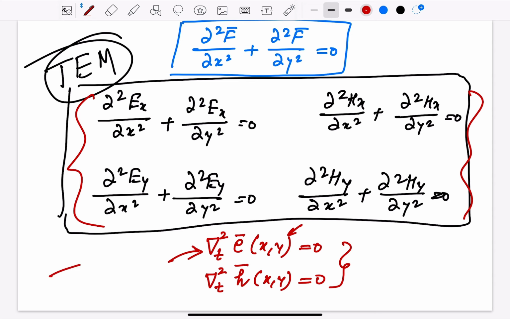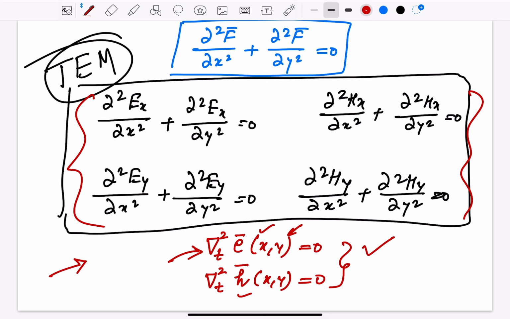So now we can summarize the TEM mode. From these results, the transverse field of the TEM mode must satisfy the Laplace equation, and with the boundary condition defined by the conductor geometry of the guiding structure, it is essential. Another thing is that the transverse field vectors E and H are identical to the static fields for the transmission line.